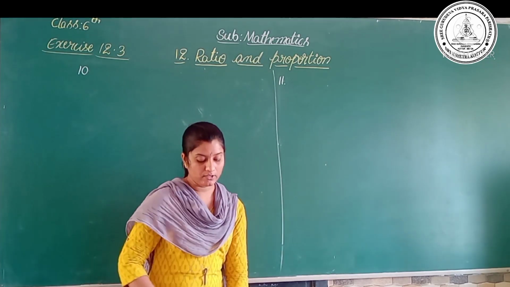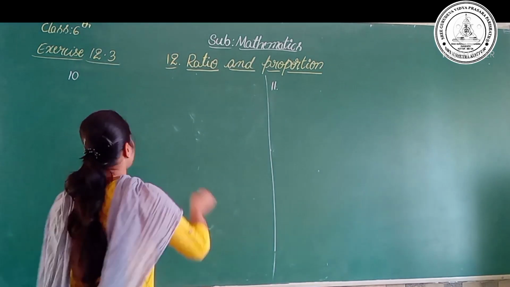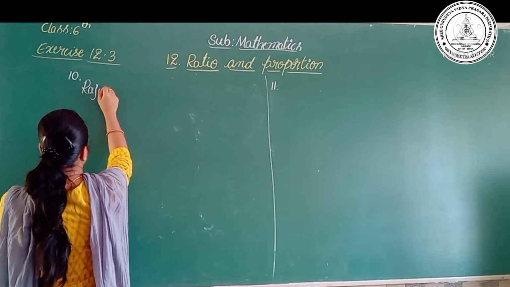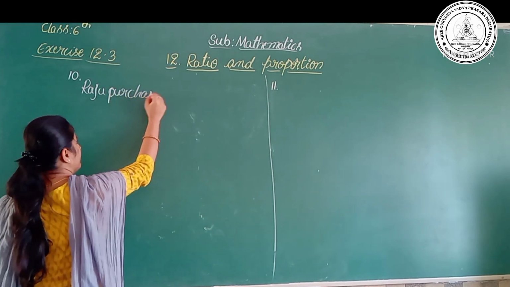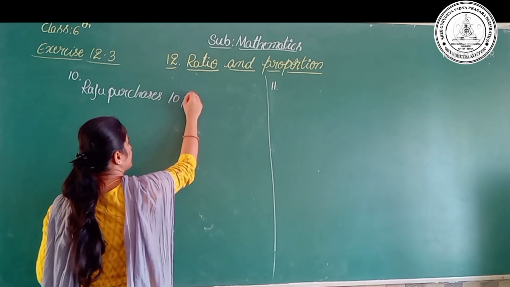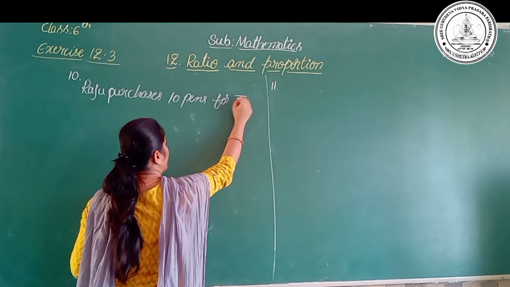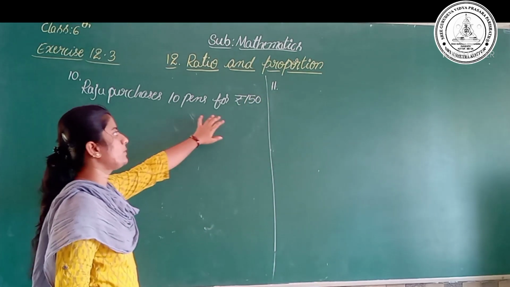First we have to write down what is given. Raju purchases 10 pens for rupees 150. So the cost of 10 pens is equal to 150.